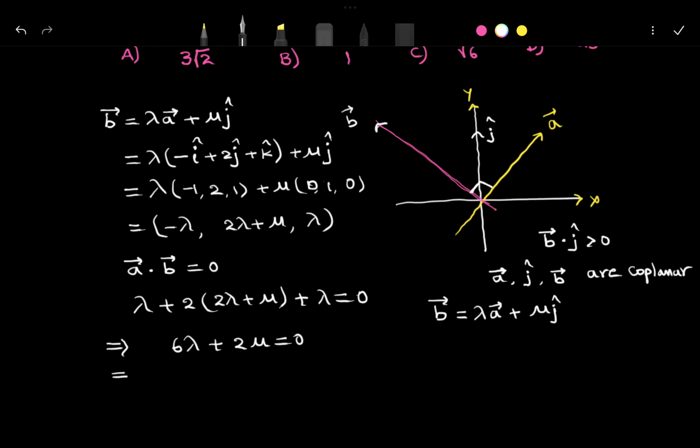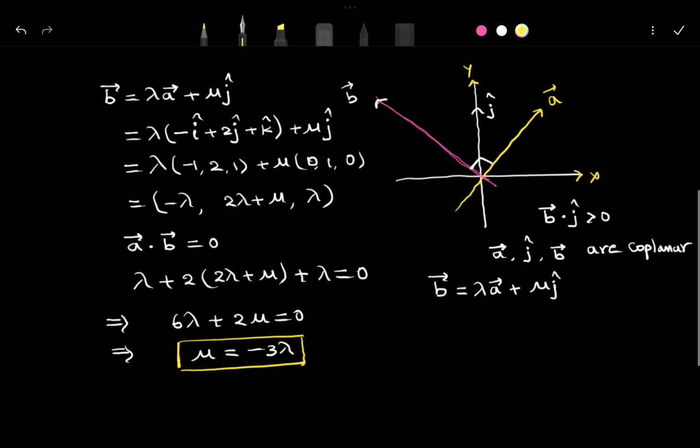From this, mu equals minus 3 lambda. So this is one relation between lambda and mu.